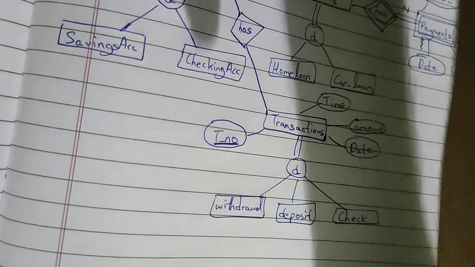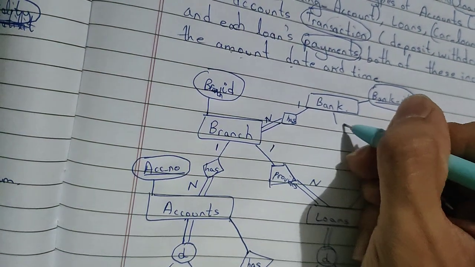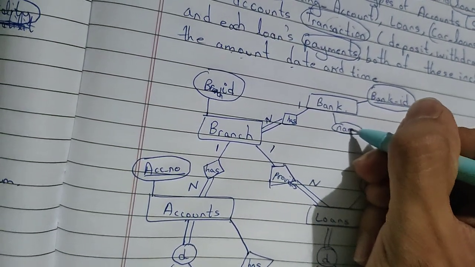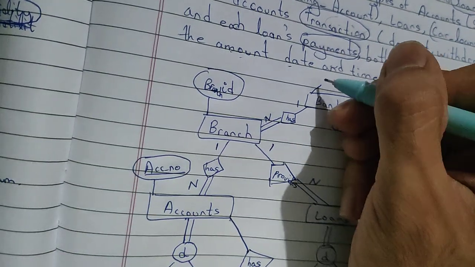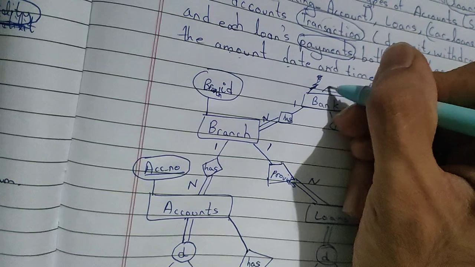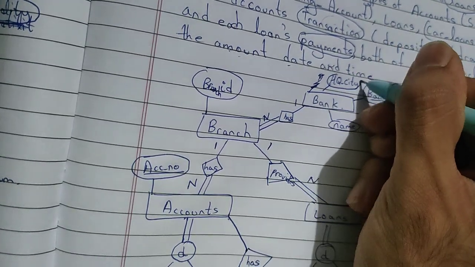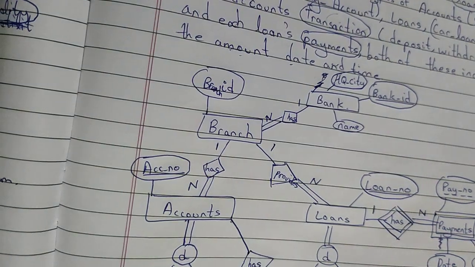So now we have an EER schema. If you want, you can add more details like name of the bank, like headquarter city, if you want that, like where the bank originated or where the headquarters of the bank is.